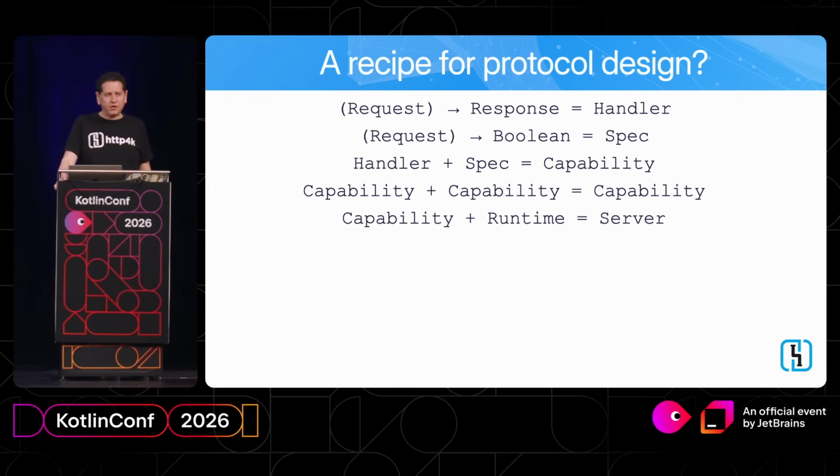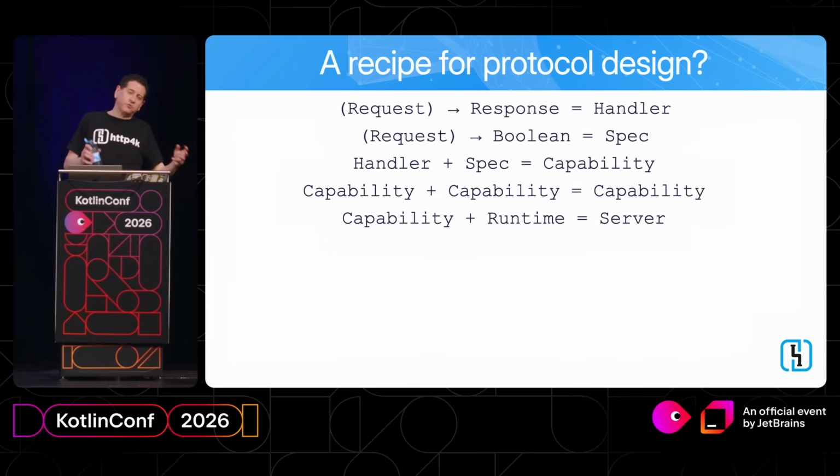We would have a specification that would describe a particular kind of service. It's got metadata, and it's also got a predicate that says, can this request be serviced by the thing I'm bound to? That's a specification, or a spec.